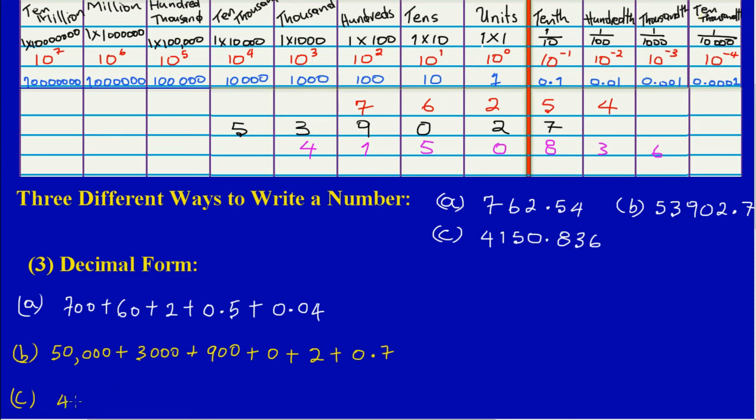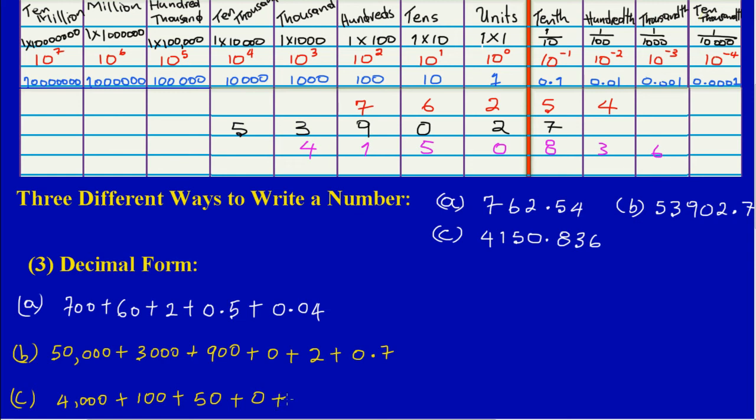Plus a 1 in my hundreds column, so 1 times 100 would give me 100, and that's being added to a 5 which is in my tens column, so 5 times 10 would give me 50, plus I would have a 0 in my units column, and 0 times 1 would give me 0 again.